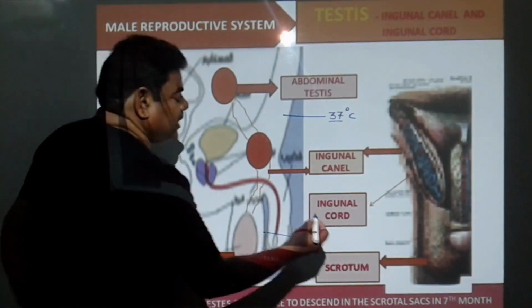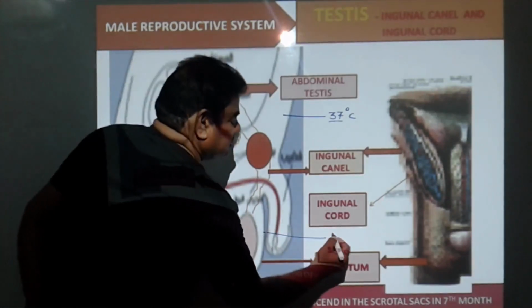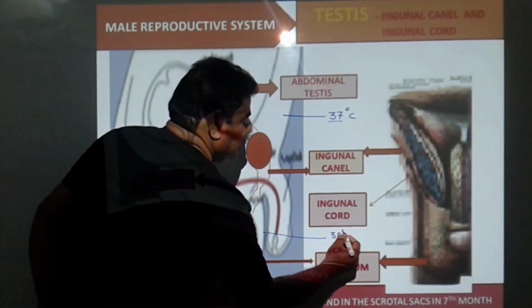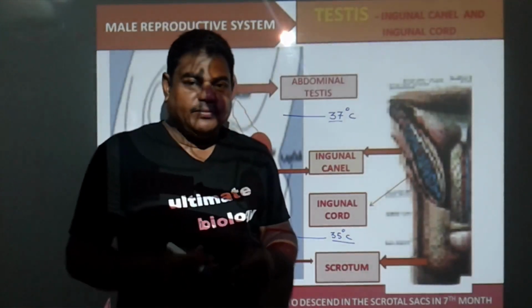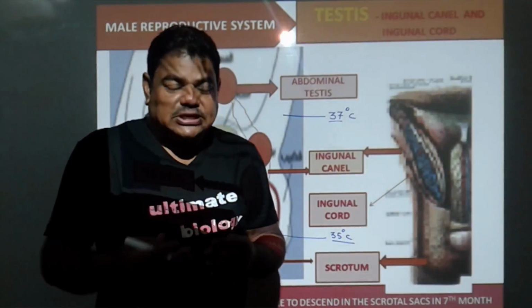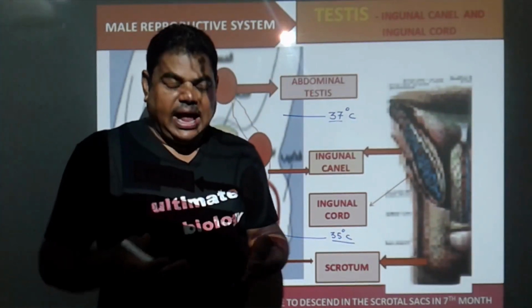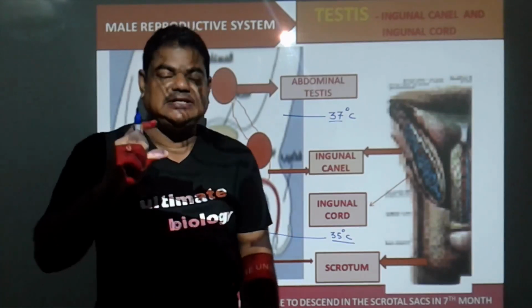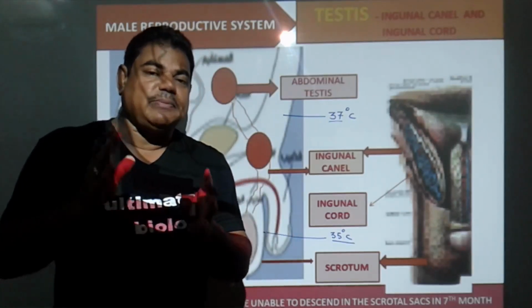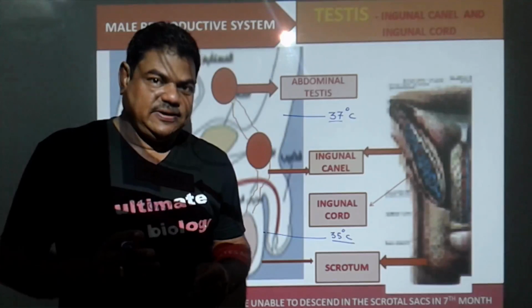So in the scrotal sac the temperature should be about 35 degrees centigrade, and at such 35 degrees centigrade the spermatogenesis process is enhanced, and tremendous production of sperm takes place in the testes by the process we call spermatogenesis.